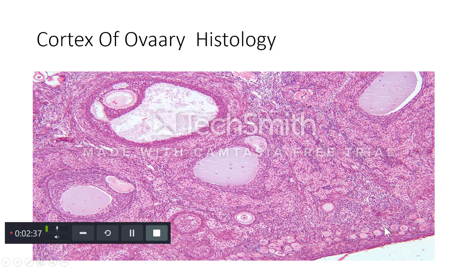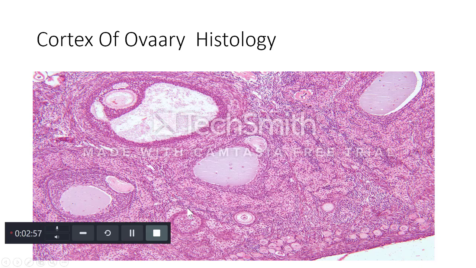The primary oocyte consists of the oocyte and one layer of cells around it. Some books say the origin of this cell is the cuboidal cell of the tunica vaginalis.